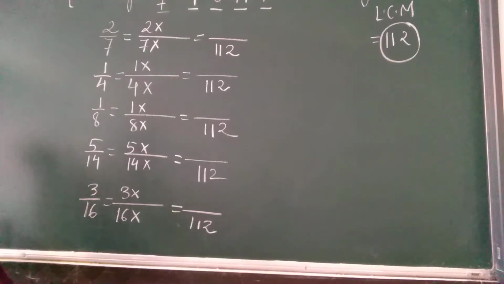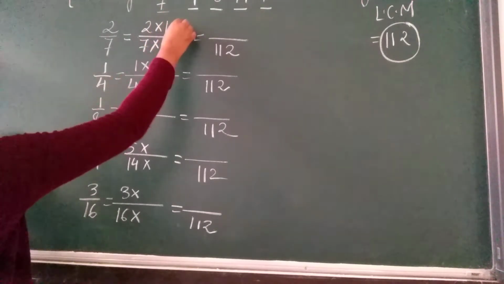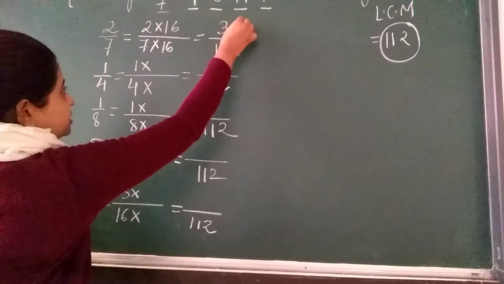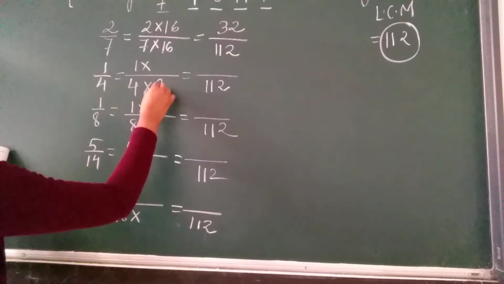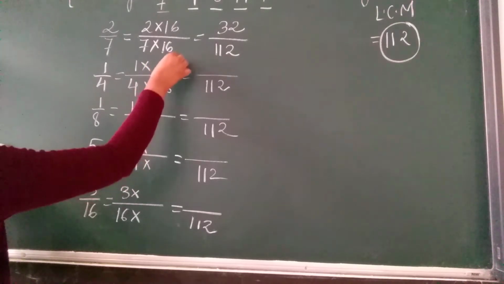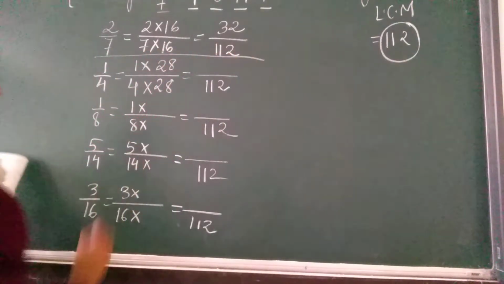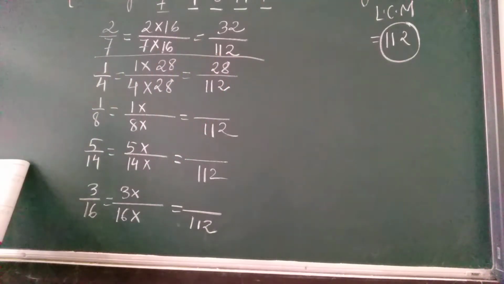So for 7, we will multiply by 16 to get 112, and 2 into 16 is 32. For 4, we will multiply by 28, so 28 will be multiplied in the numerator as well. 1 into 28 is 28.